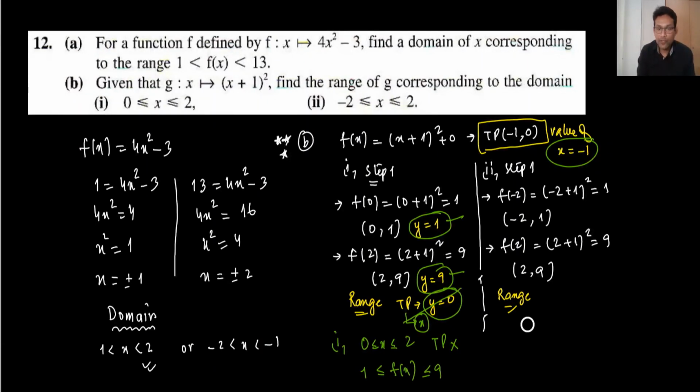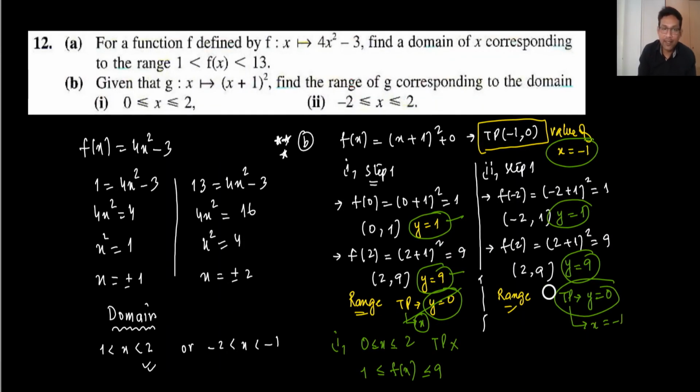But when you move to this part, the value of y here is 1, here is 9, and at the turning point it is 0. But check the turning point x, which is minus 1: does it lie in the given domain, minus 2 to 2? Yes or no?